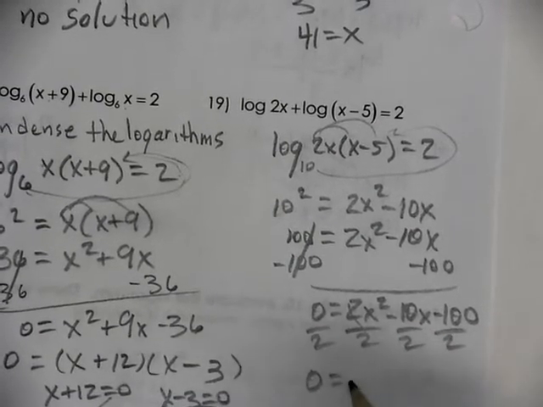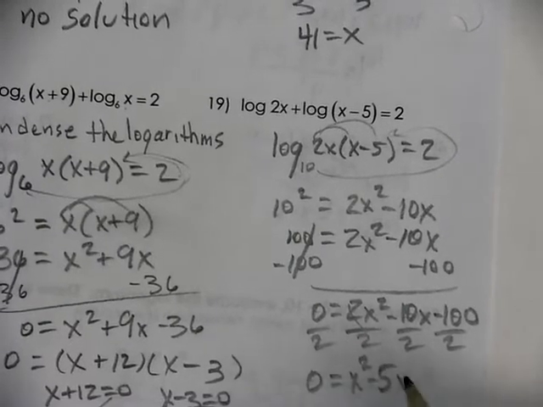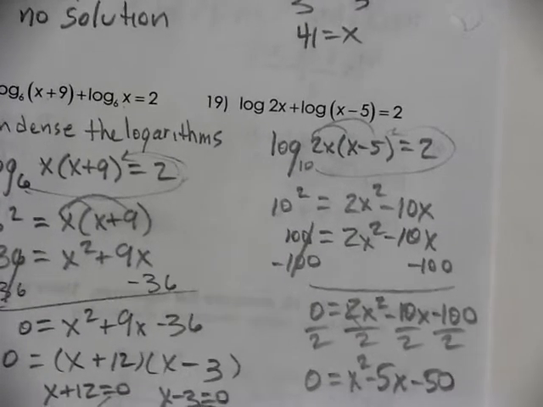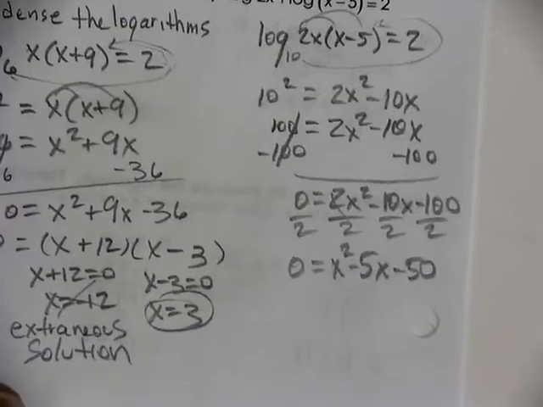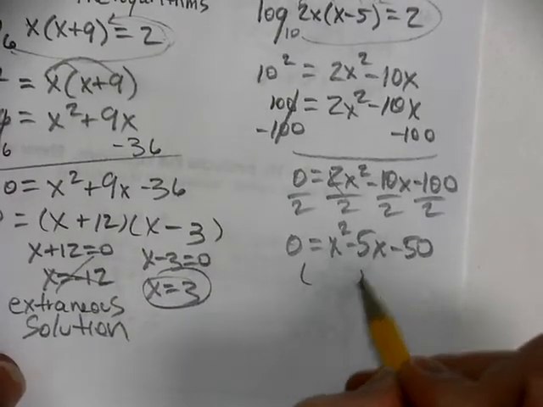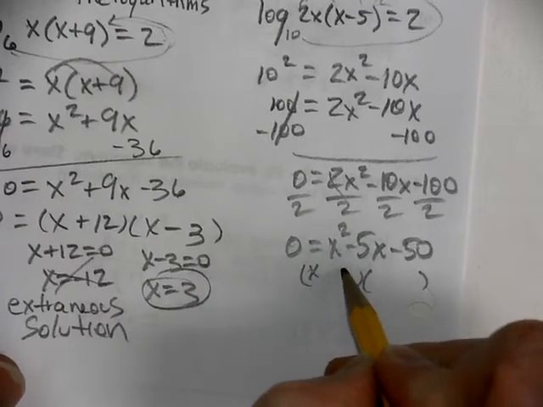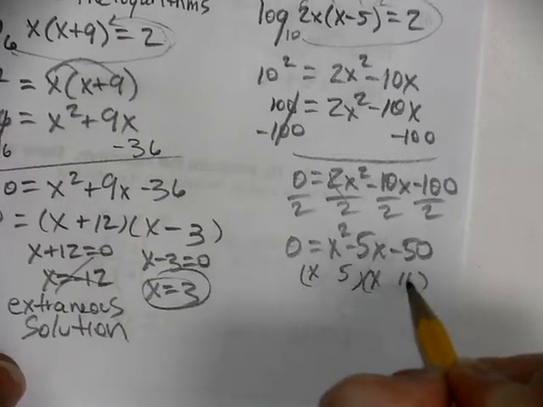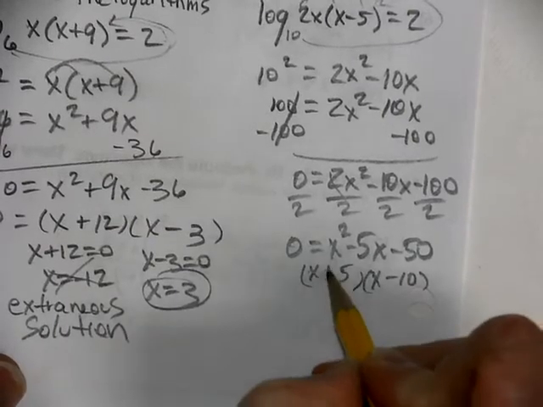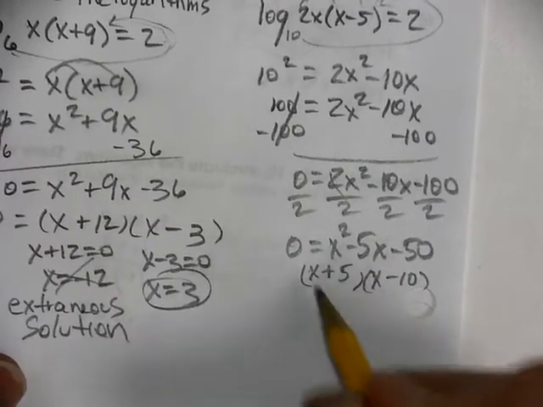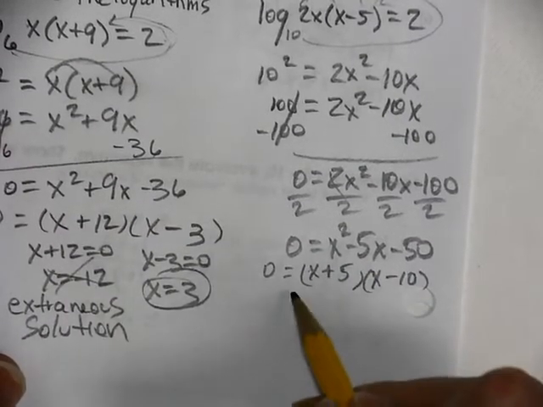So we have 0 equals x squared minus 5x minus 50. So x looks like 5 and 10. It's got to be a negative 10 and a positive 5 if they're going to add together to be negative.